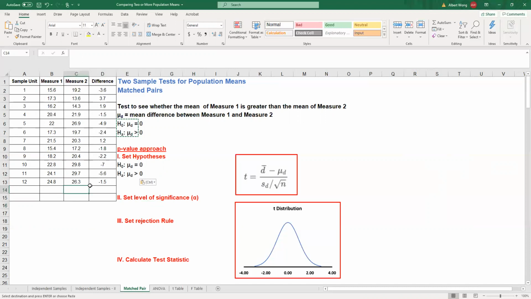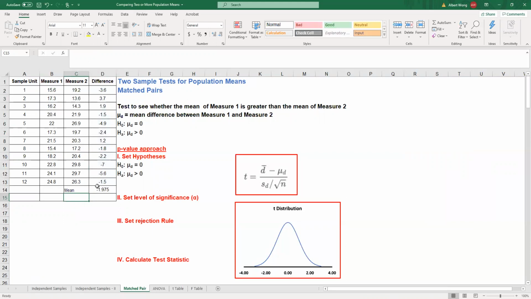Right. So in order for us to do that, first of all, you calculate the sample mean of the difference, average D2 to D13, right?